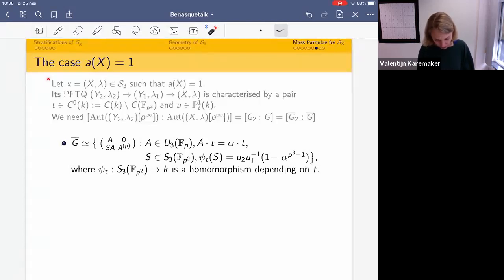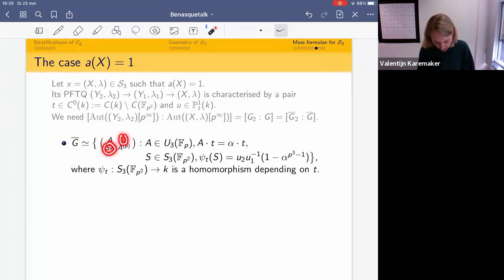Here's a recap of what we're trying to do. So this factor that we need is really the index of G bar in G2 bar. And we showed the following thing, that the elements of G bar can be written in the following form. So here we have a matrix A, that is a unitary matrix. And down here we have the matrix A, where each of its entries is raised to the pth power. And here we have 0.